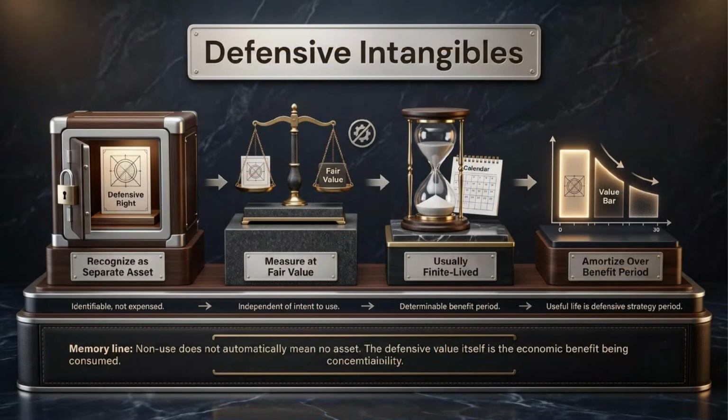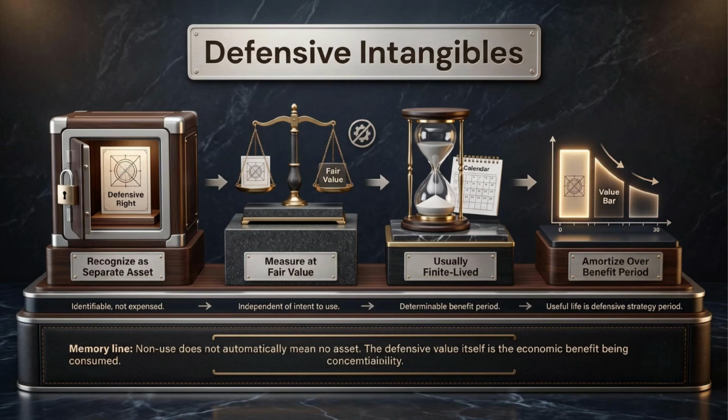Defensive intangibles are a useful real world idea. Sometimes a company buys an intangible asset not because it wants to actively use it, but because it wants to prevent competitors from using it. That non use strategy does not mean there is no asset.